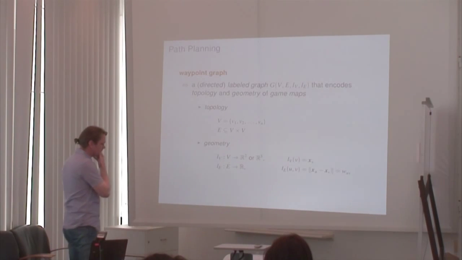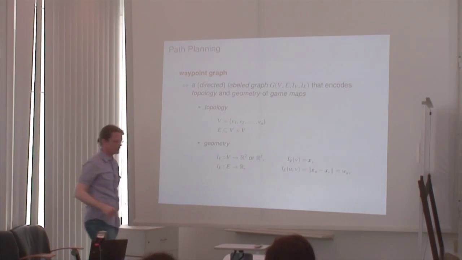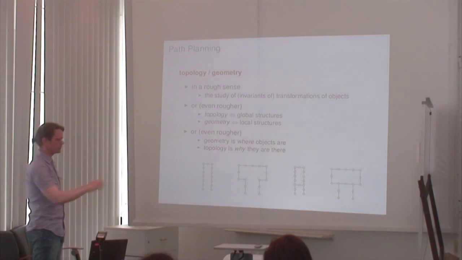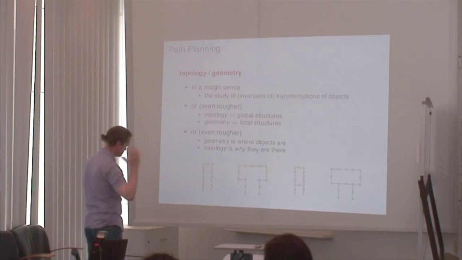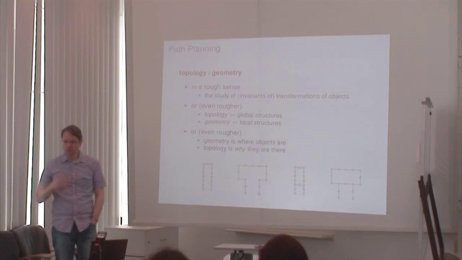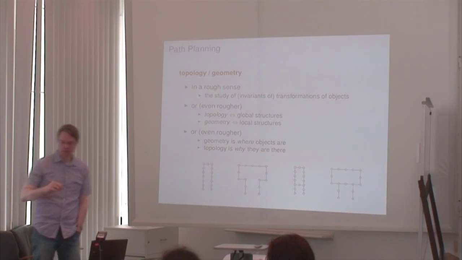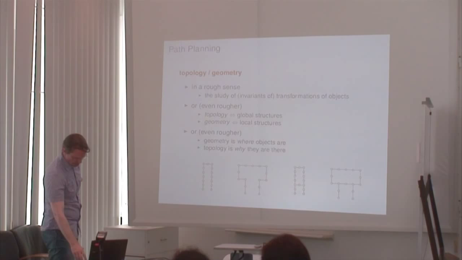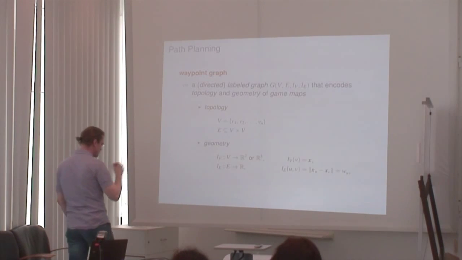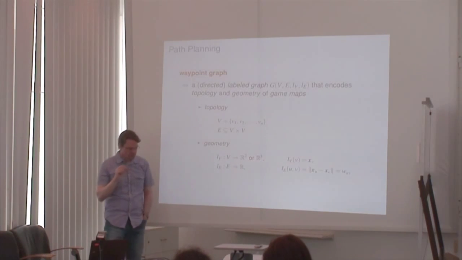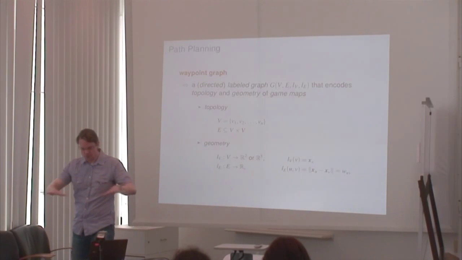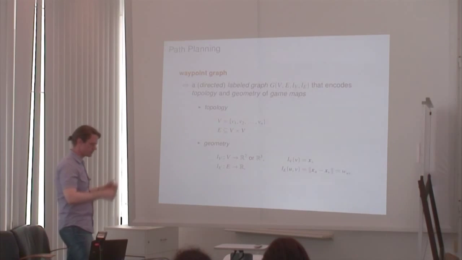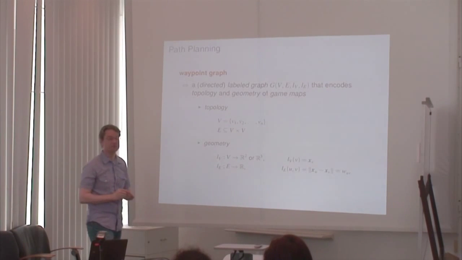Let us define the notion of a waypoint graph. Let's think of these things as waypoint graphs, which, as the name suggests, we use to model topology and geometry of game worlds, game maps, where the term waypoint is used to refer to locations in the 2D or 3-dimensional video game world a player or a computer-controlled player can be at.